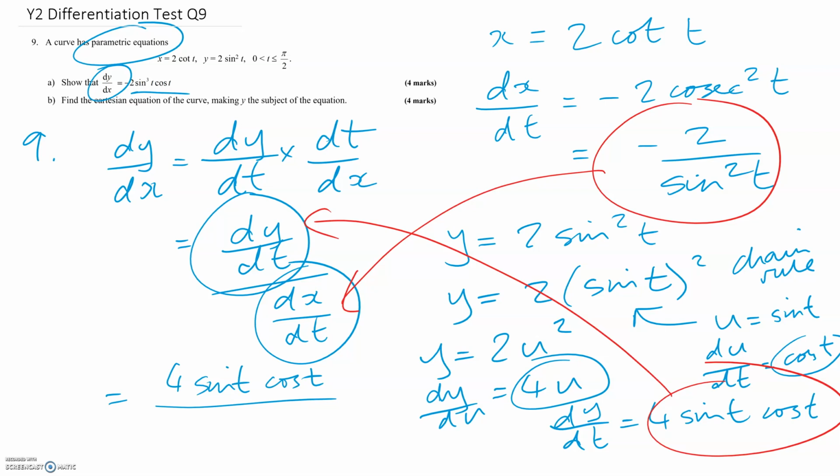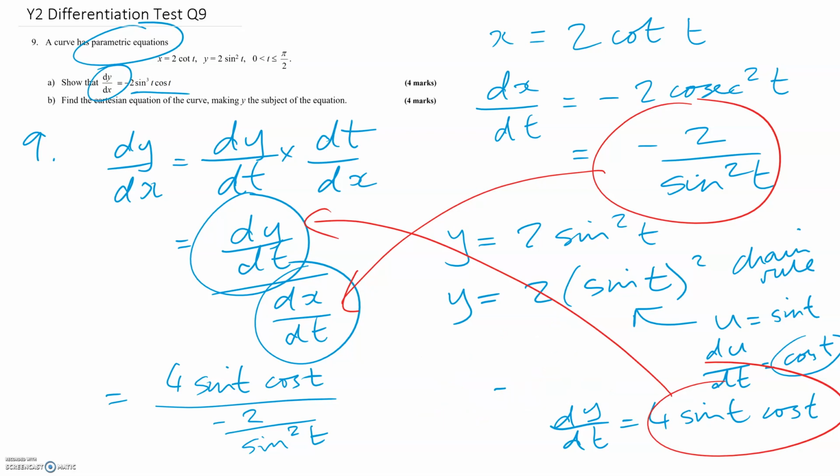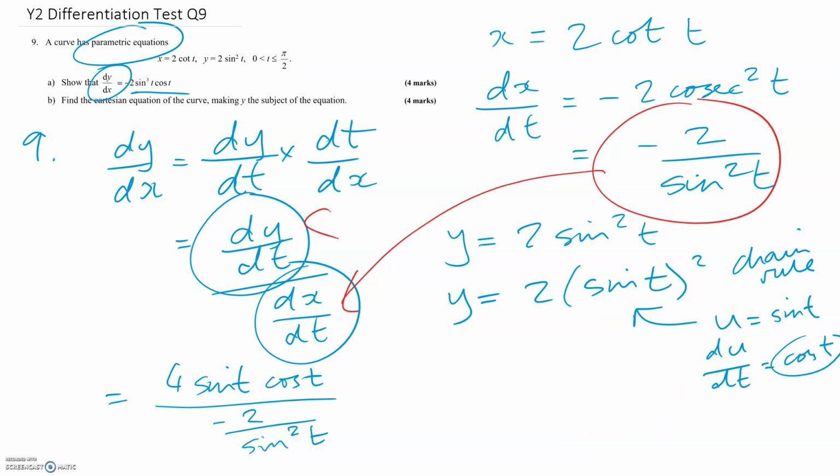Divide that by minus 2 over sine squared t, which is the same as multiplying by 1 over that. So this is the same as 4 sine t cos t all over minus 2 times 1 over sine squared t.